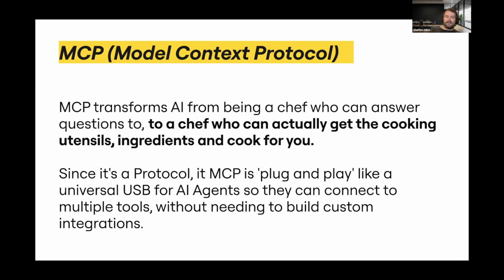Maybe not yet. Maybe in a few years we'll get there if you could integrate it with your oven or something. But the analogy is, you give it the tools to actually go and execute on your behalf, as opposed to just giving you the instructions. So it's very universal. It allows you to plug into multiple tools, and you can create custom agents that allow you to interact between different tools. And we'll talk a little bit about that in just a bit.